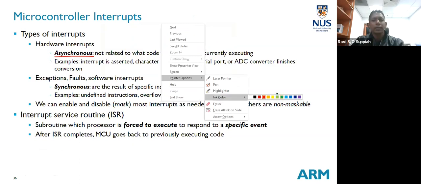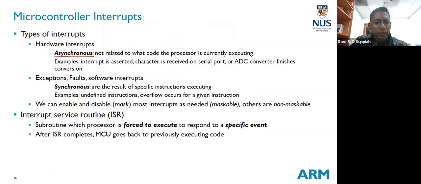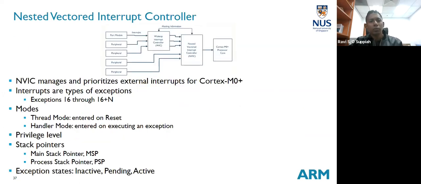So the interrupt service routine is basically what you have been writing before, for the Arduino and so on. So we know that that is the code that is executed, specific to the event that triggers the interrupt. In the ARM controller, we have what we call a NVIC, nested vectored interrupt controller, which is the main gateway between your peripheral subsystems and your processor core.